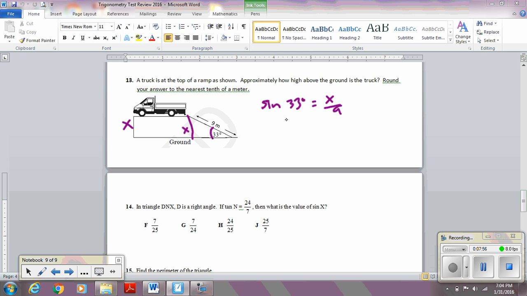When we cross multiply, x would equal 9 times the sine of 33. And you get roughly 4.9 meters.